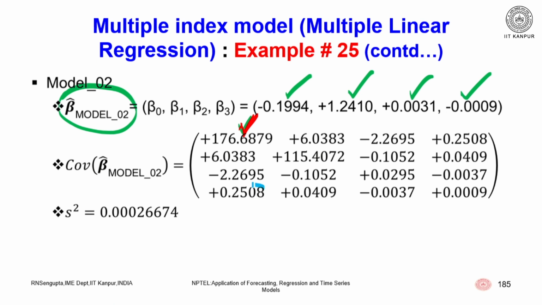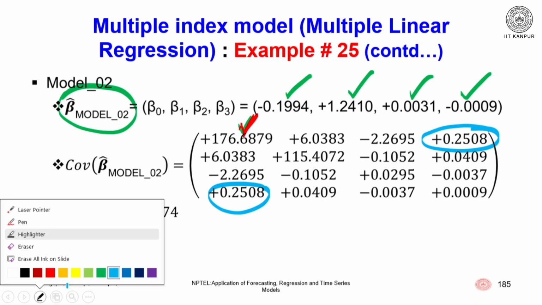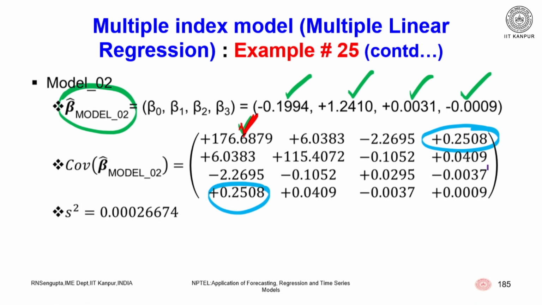Consider the covariance in the place of 1, 4 and 4, 1, that is between beta naught and beta 3. The two elements, which I am putting in violet color, have the value minus 0.0037; in the off-diagonal elements they are equal, that is the covariance existing between beta 2 and beta 3.